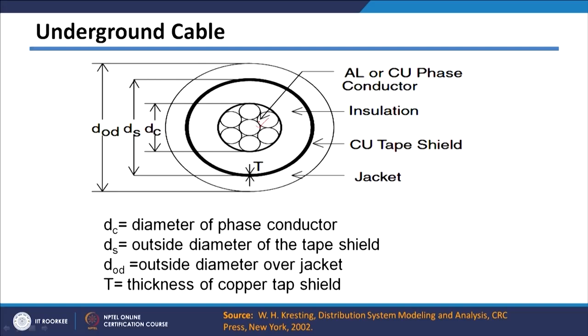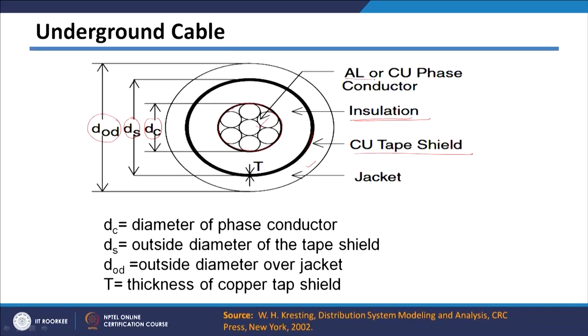On that stranded conductor, to equalize or smoothen the field, there is a conductor shield, and then there is insulation, and after the insulation again there is a copper tape shield. Let us say the diameter of the conductor is DC, the diameter of the copper tape shield is ds, and the outer diameter of the cable is DOD.